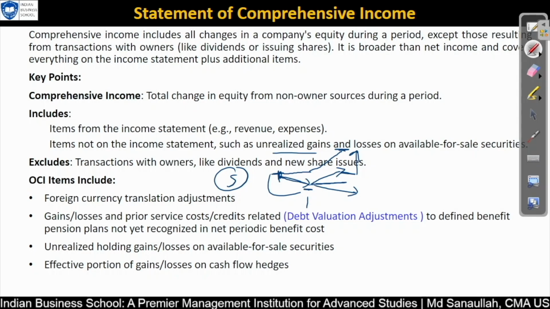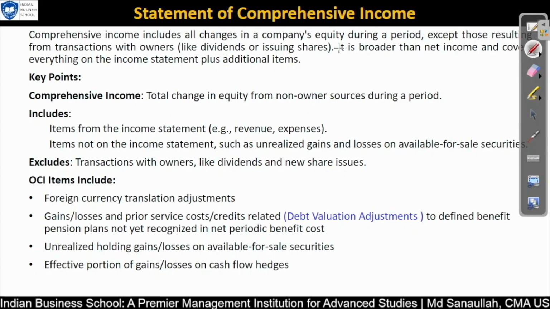Whether we recognize it or not, it is a loss. It may go lower, that is another matter. But if we sold at that point, we would recognize the loss, because we would be losing the money. That is why they give this option, so that you can update it in your statement of comprehensive income.